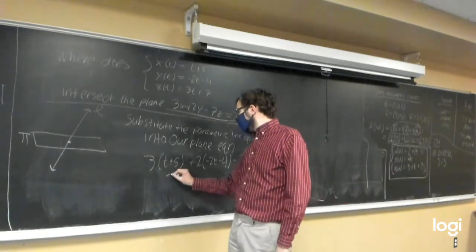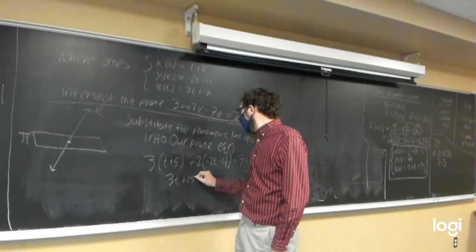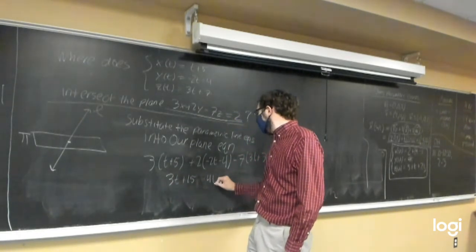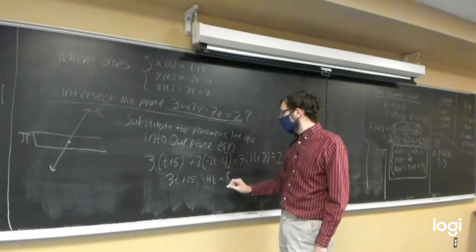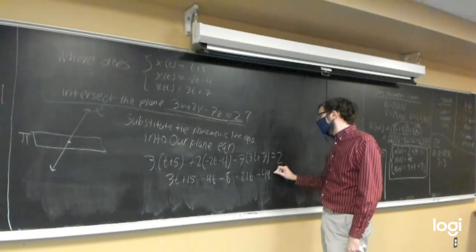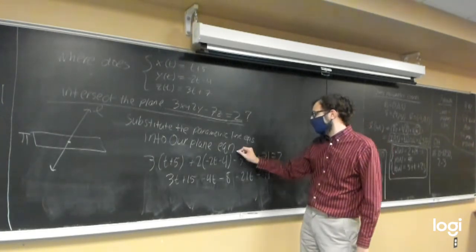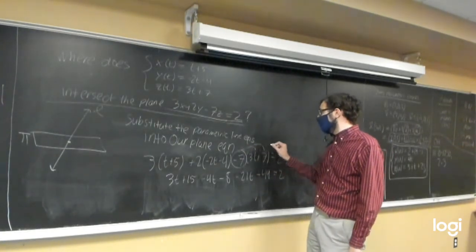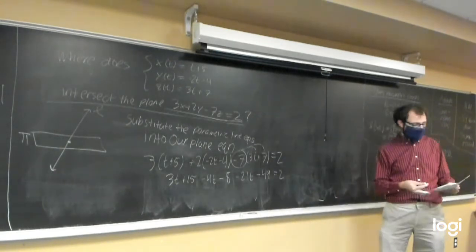So if we do that, we'll get 3t plus 15 minus 4t minus 8 minus 21t minus 49 is equal to 2. You need to keep in mind that the minus 7 will distribute to both the 3t and to the 7.